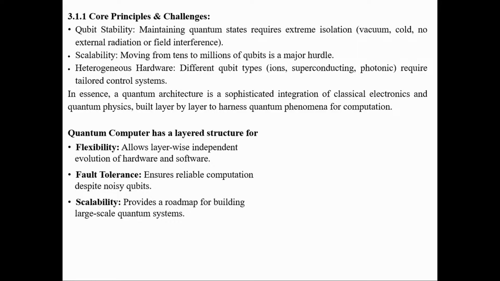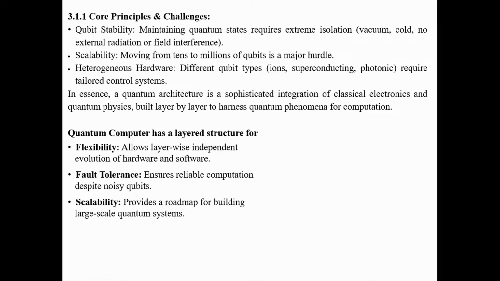Okay, so for stability, scalability, the hardware also needs to be heterogeneous, because we have different qubit types and different qubit technologies. They all need different accessories. So the technology is not a simple one. It is a very complicated one.